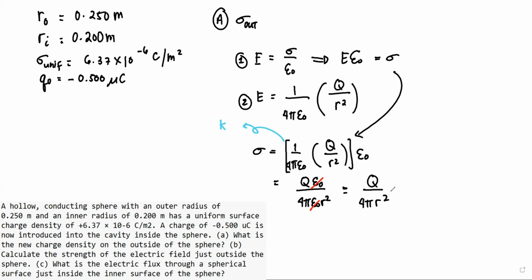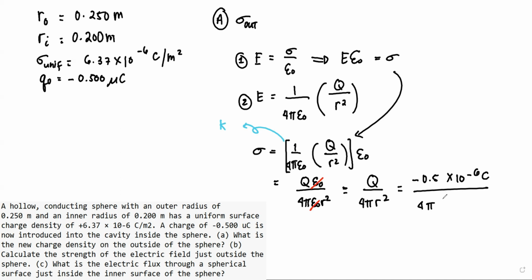Now, Q divided by 4 pi r squared, we do have our value, so just plug in. Your Q in this case is negative 0.5. This is micro, not nano, so that's times 10 raised to negative 6 coulomb, divided by your 4 pi.